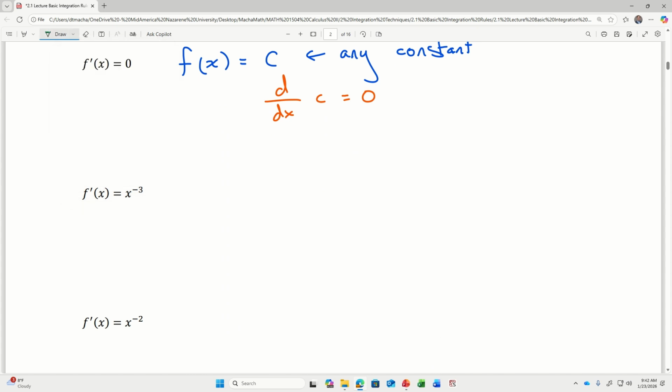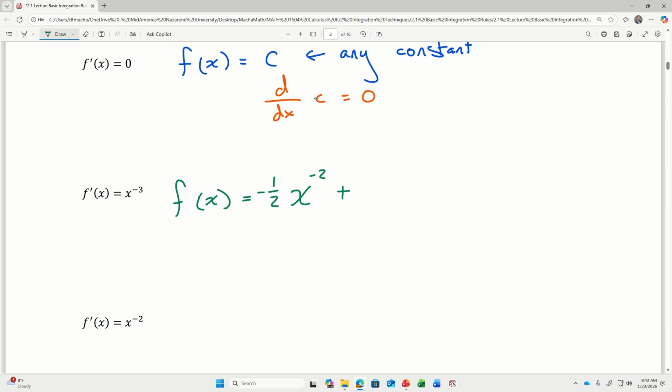If my derivative is x to the negative 3 power, what would have been the original function? Yeah. So when I take the derivative, I bring down the negative 2, and then all that cancels.